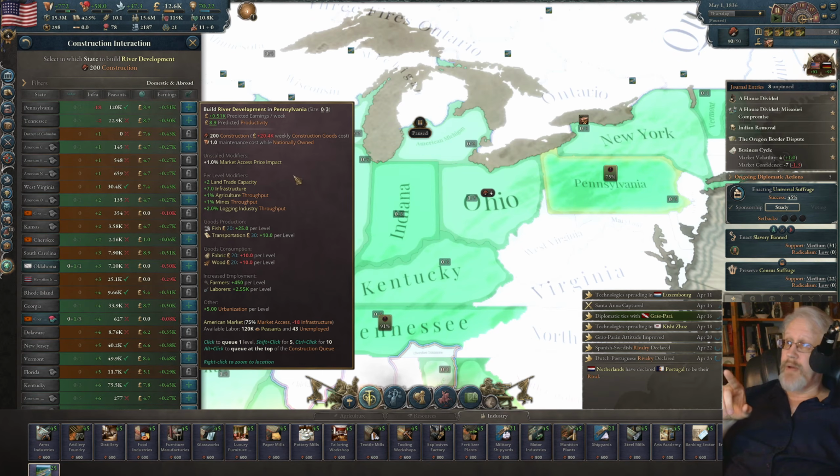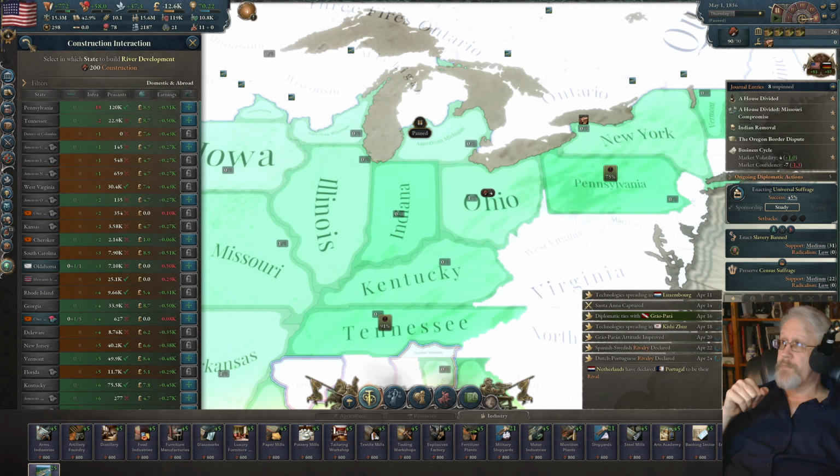Now, the difference here, this is a mod I have, but this gives you an idea about finding substitute goods in your playthrough. This one is going to increase some fish production, which I need. It's also going to consume a little bit of fabric, a little bit of wood, and will give me some employment of farmers and laborers.